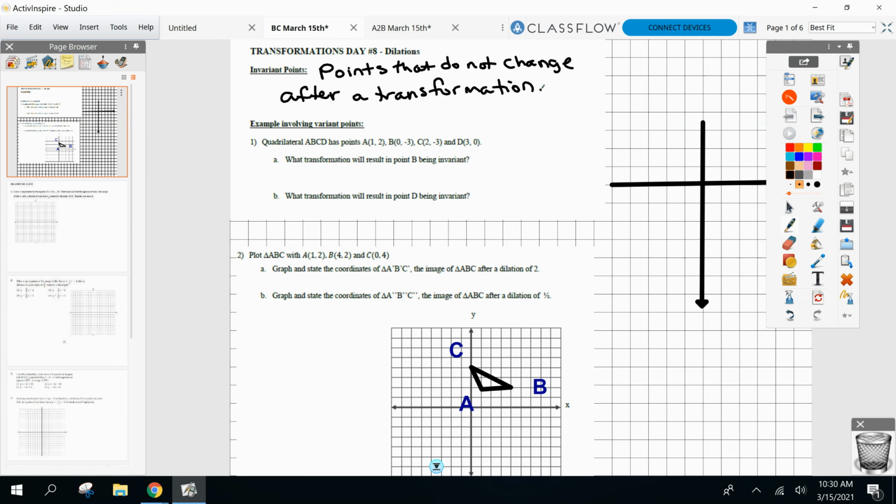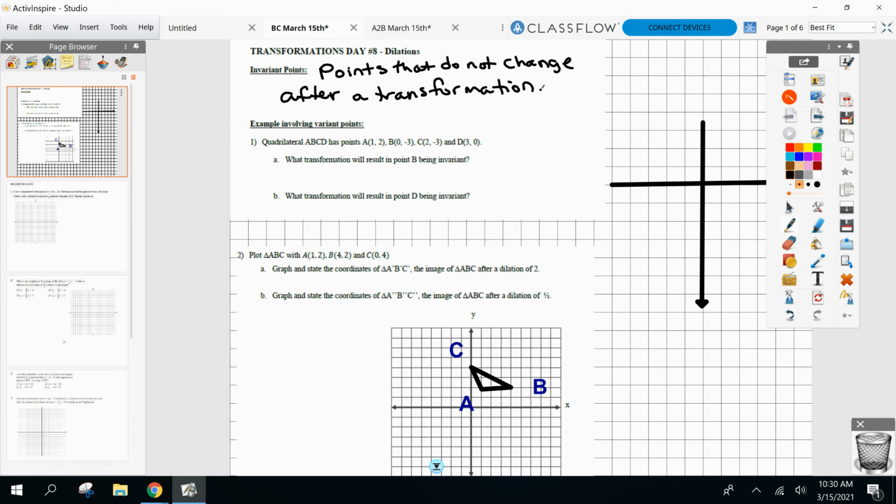Okay, they do not change after a transformation. So I have point A, I perform a transformation, and A prime is in the exact same place A was. Some type of transformation did not change it.